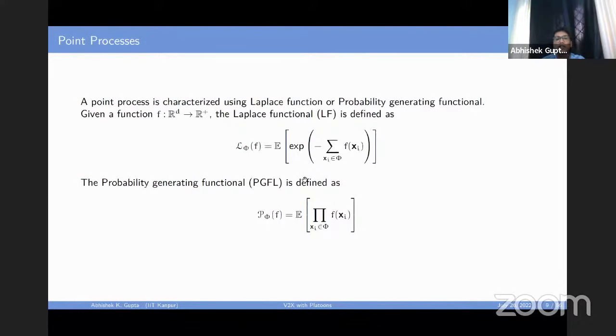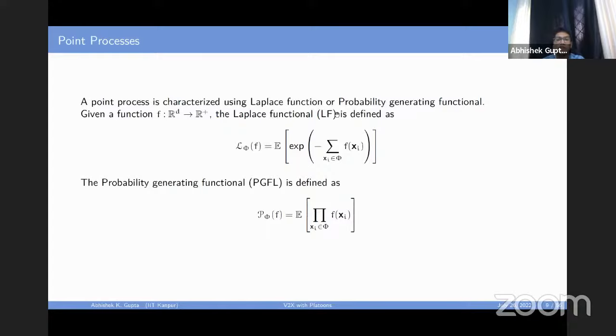The way you can characterize a point process is using the Laplace functional or the probability generating functional. So recall that when you talk about random variables, you can characterize them using the Laplace transform, which is the expectation of e to the power minus s times the random variable. Similarly, for a point process, you can define something called the Laplace functional. Suppose there is a function from some d-dimensional space, as I'm thinking of a point process on a d-dimensional space, which computes a function on each point and gives you a real positive value.